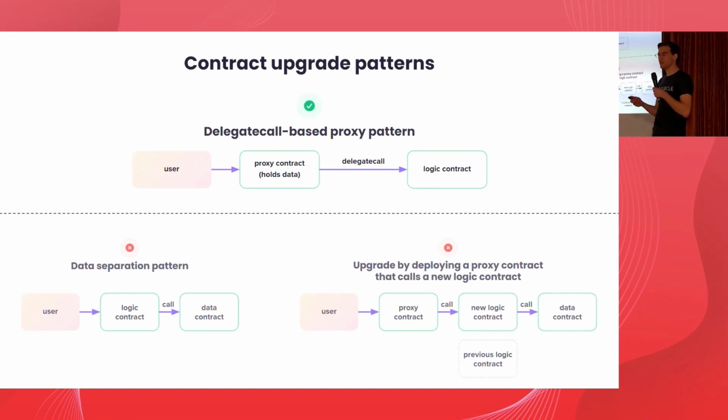And we need to be able to deploy new smart contracts that swap out the behavior without changing the smart contract that people actually see. And so to do this, we produce a proxy contract that holds the data, and then there's a series of logic contracts underneath it that we can swap out from one to another to provide new upgraded functionality.